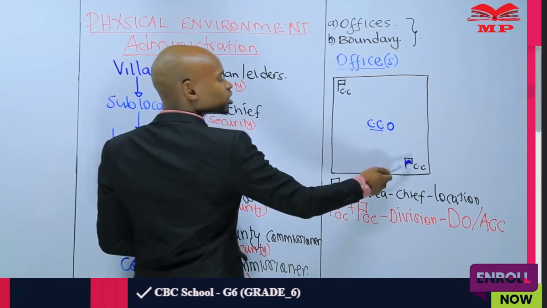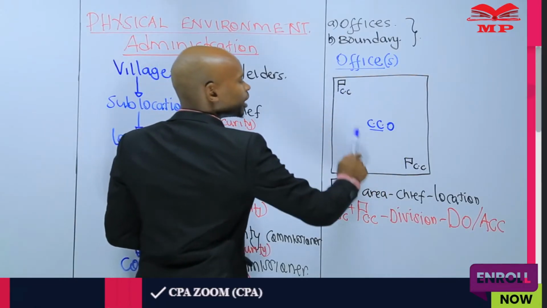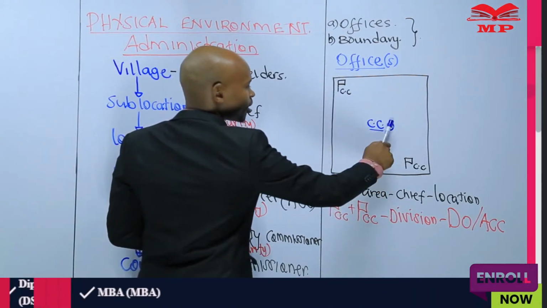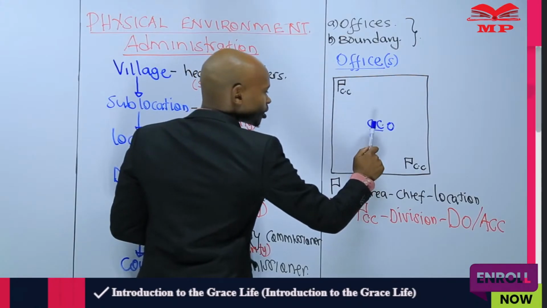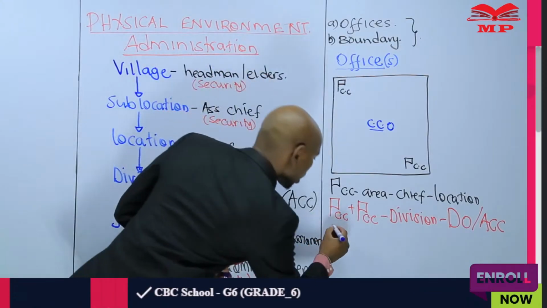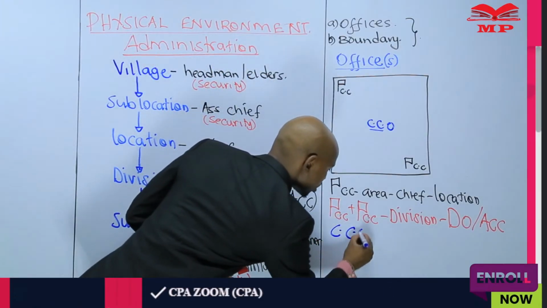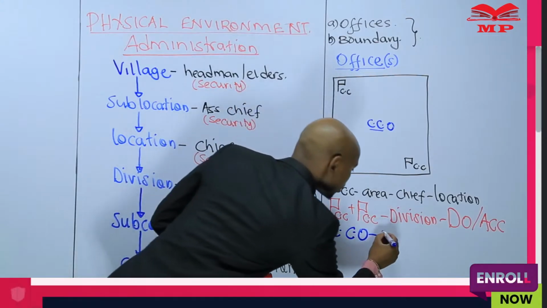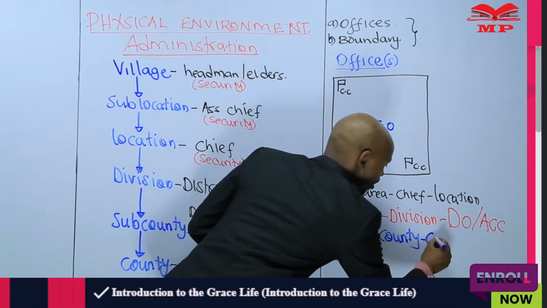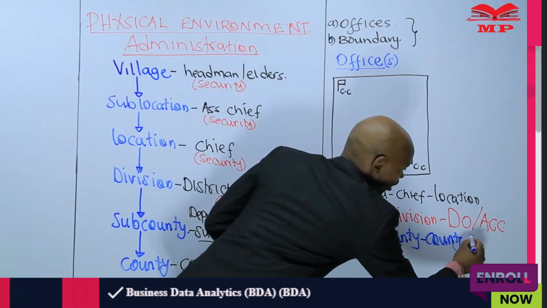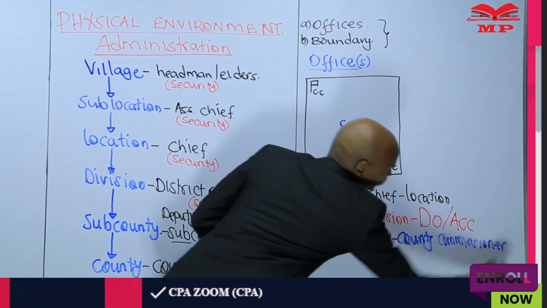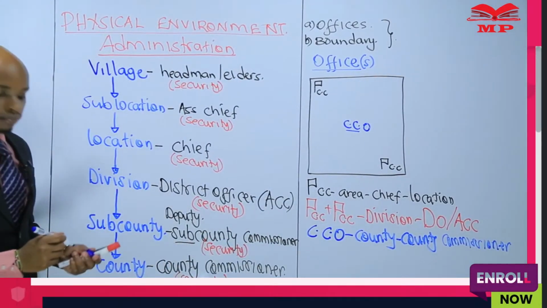You will not go for the chief's camps, you will go for the ultimate, the highest office in the map. So this area, if it has a CCO, that is County Commissioner's Office, this means this is a county and it is headed by a county commissioner.